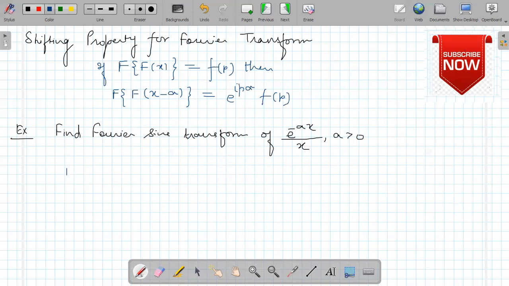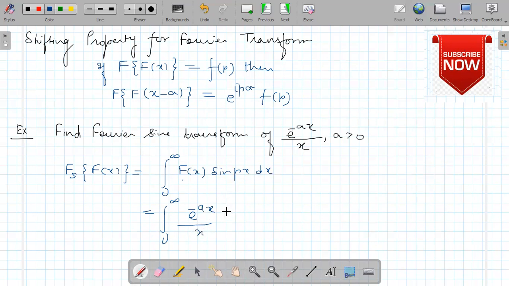We know that the Fourier sine transform of any function f(x) is defined as the integral from 0 to infinity of f(x) sine of px dx. Here we are given the function f(x) equal to e raised to the power minus ax divided by x, multiplied by sine px dx.